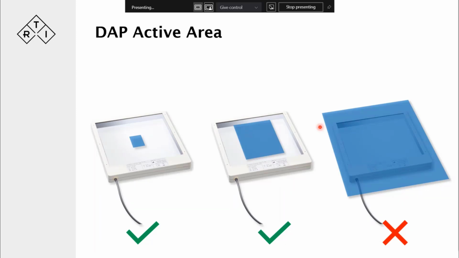So that's typically the only thing we need to worry about: keeping the radiation inside the frame of a DAP chamber. If we do that, we don't have to worry too much about keeping the DAP chamber at a certain distance. As long as the radiation is inside the frame, we're good to go.